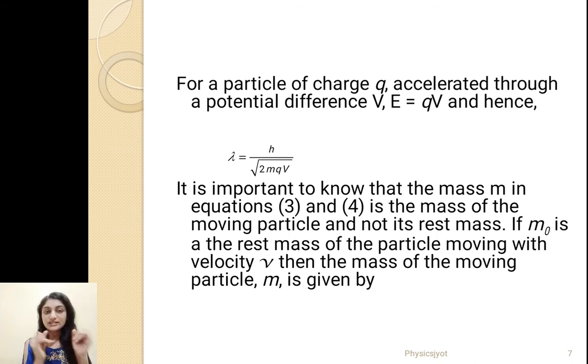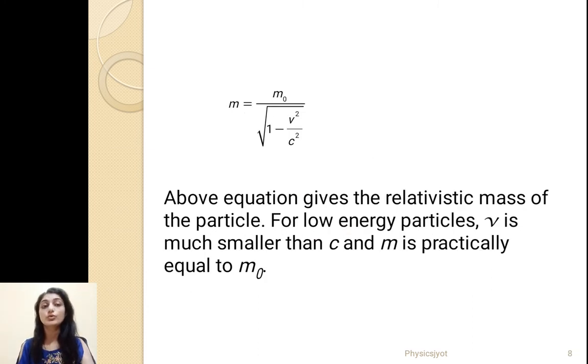Now when we are writing this third and fourth equation, it is important to know that the mass m in equation 3 and equation 4 is the mass of the moving particle and not its rest mass. If m0 is the rest mass of the particle moving with velocity v, then the mass of the moving particle m is given by m equals m0 upon root of 1 minus v square by c square.